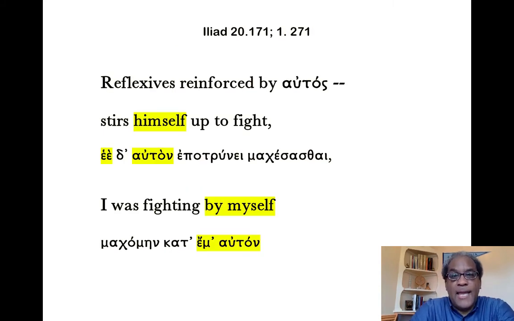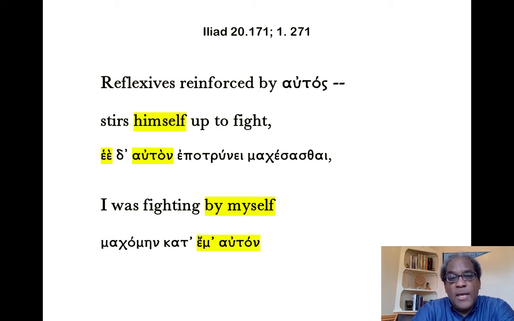Now, like in Attic, we also have the reflexives formed in combination with the personal pronoun stem and autos. So we have he hauton epotrunei machesasthai, he stirs himself up to fight.